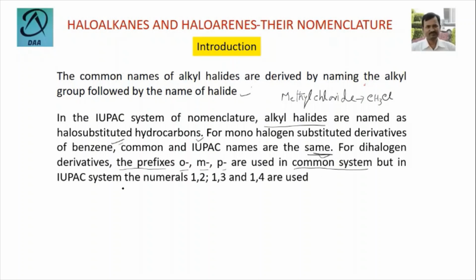But in the IUPAC system, the numerals 1,2, 1,3, 1,4 will be used. That means for ortho, 1,2 will be used, for meta, 1,3 will be used, and for para, 1,4 will be used.